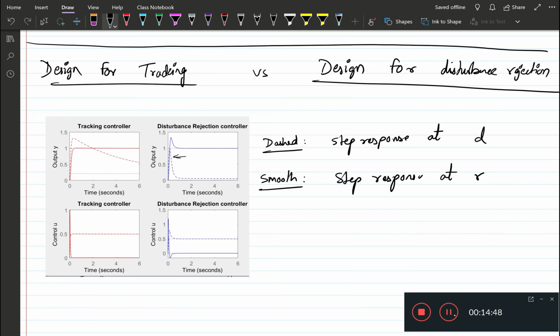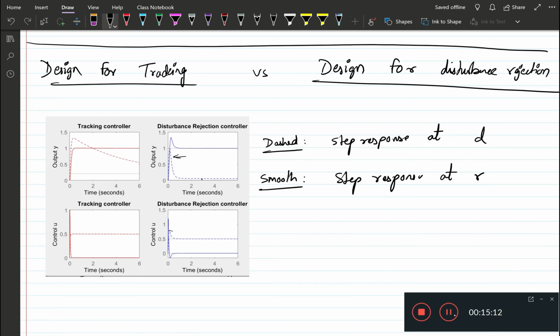So we are able to reject the disturbance pretty quickly, and the settling time requirement, which was that the output is between plus and minus 0.1 for all times after 3 seconds, is satisfied. The output is less than 1 for all times, and the control input for the disturbance is between -1 and 1.